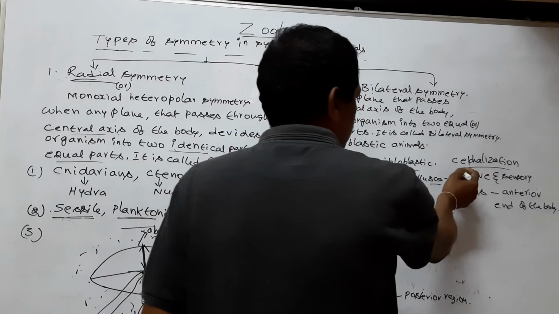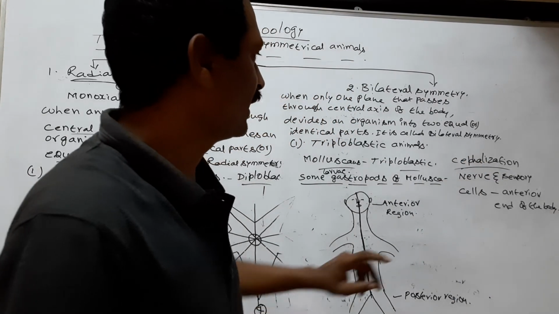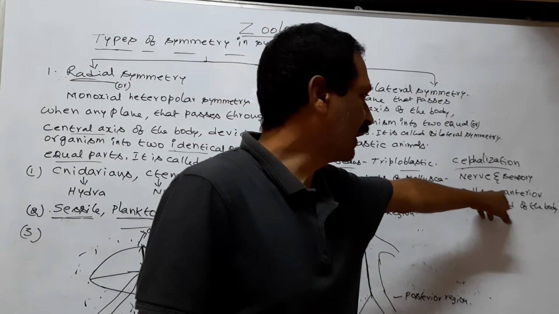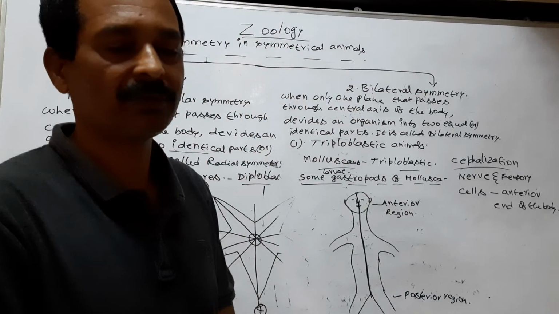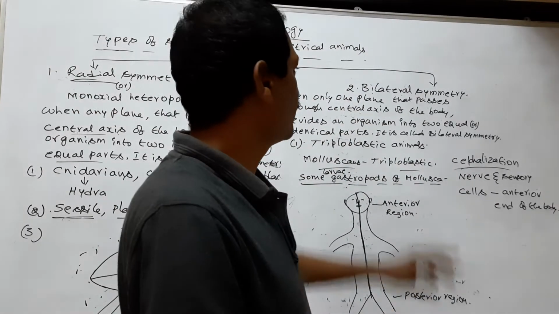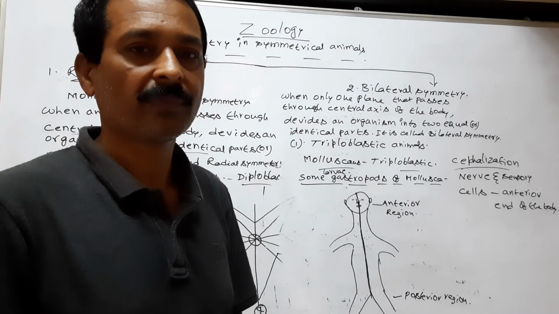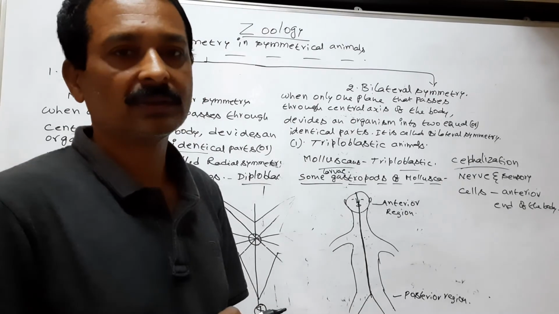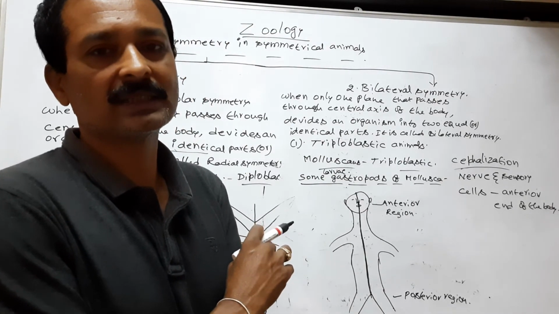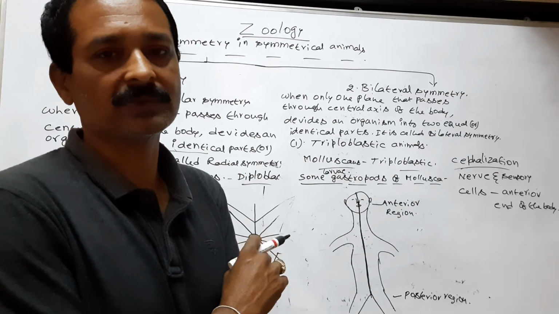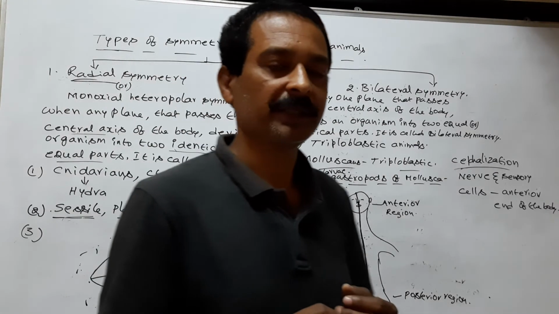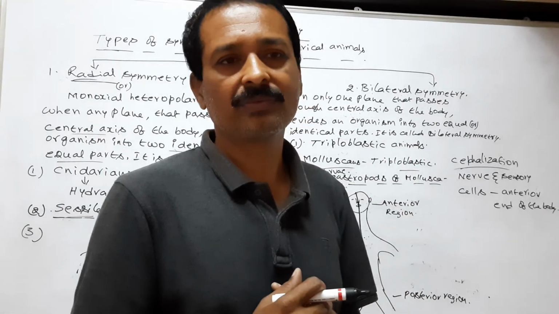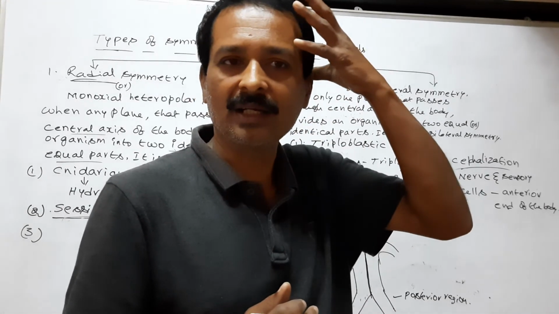What is cephalization? Cephalization means the concentration of nerve and sensory cells at the anterior end of the body. The animals which exhibit bilateral symmetry possess well developed nervous and sensory systems. For example, in the human body, the brain is part of the nervous system and is located at the anterior end.